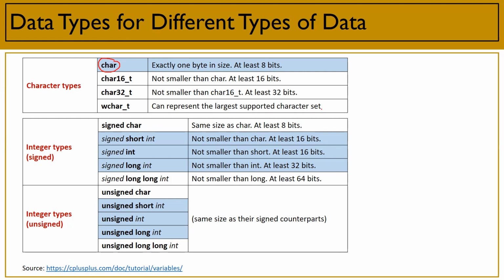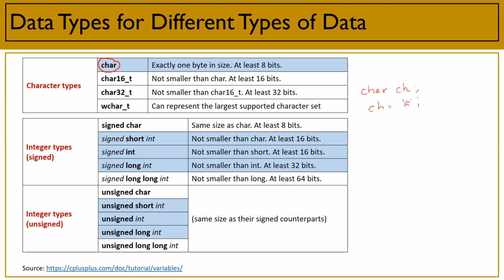This char is used to store a constant character value. For example, I can declare a variable of type char, and this char can hold, let's say, the character A.